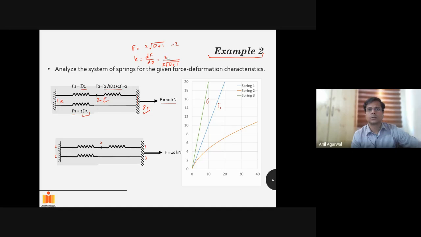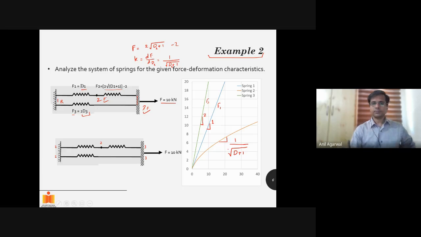Yeah. The 2 and 2 will cancel out. You are left with 1 divided by square root of D plus 1. Okay. Or D2 plus 1, whatever. So this is the stiffness of this spring. The stiffness of this one is 1. Stiffness of this one is 2. And the stiffness of this spring is 1 divided by square root of D plus 1.